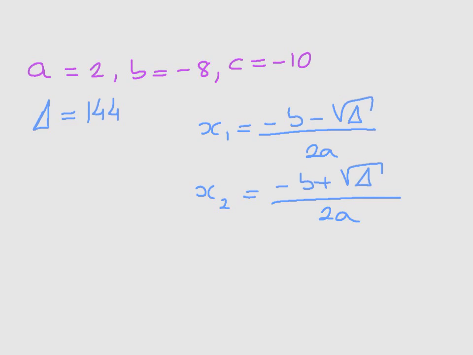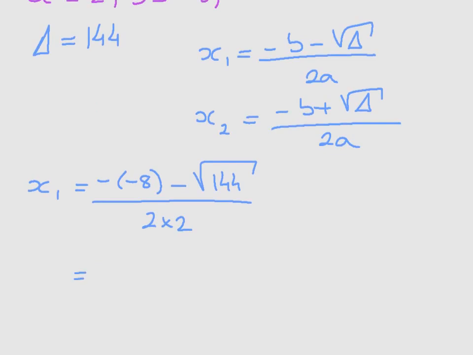So, plugging these different values into our two formulas for our solutions, we'll find for the first solution, x1, we have negative b. So remember, b was negative 8. So that becomes negative 8. Minus the square root of delta. Delta, remember, was 144. All of that over 2a. And a was 2, so that's 2 times 2.